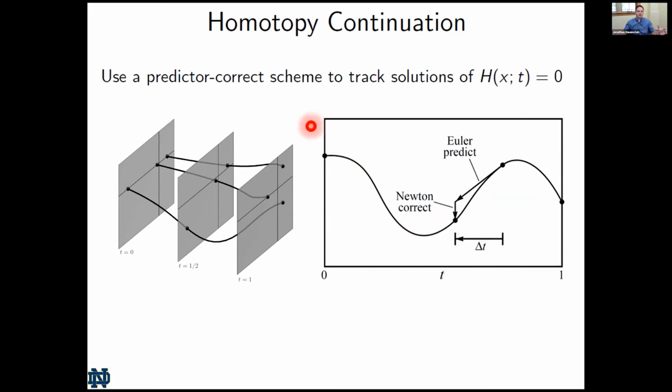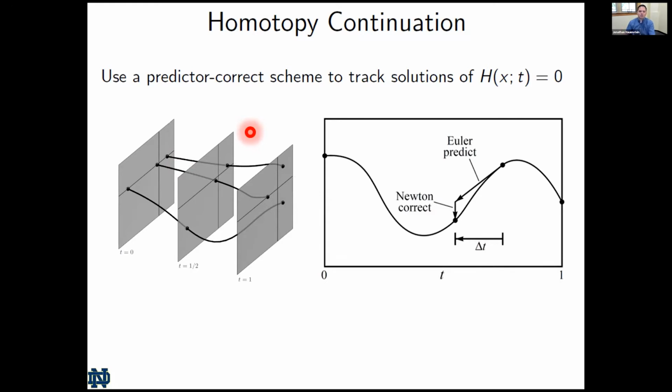So we're turning the inability to find good starting points for Newton's method into the ability to track solution paths from known start points that allow you to approximate this endpoint.